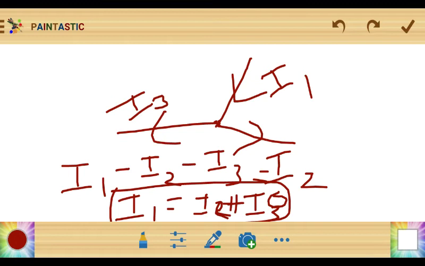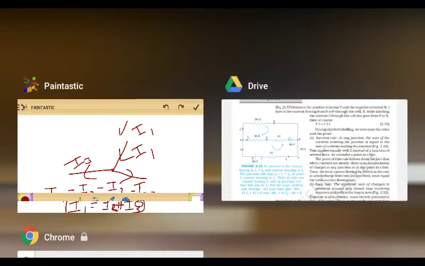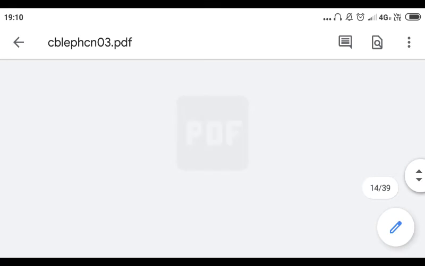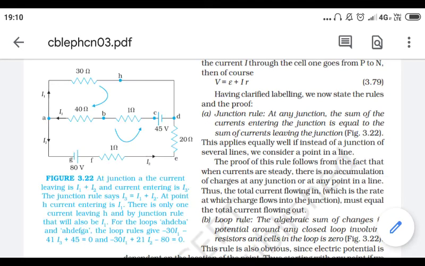There are some examples in your book, so you can see those problems. I believe it is clear now.